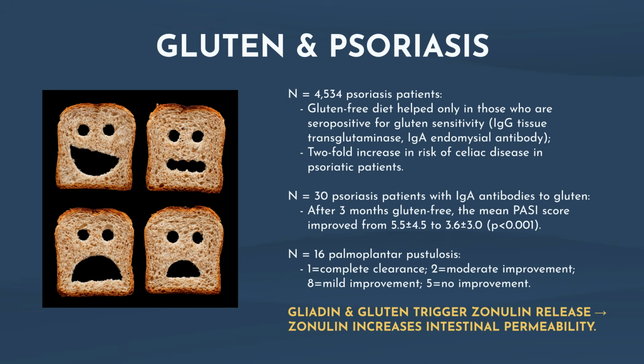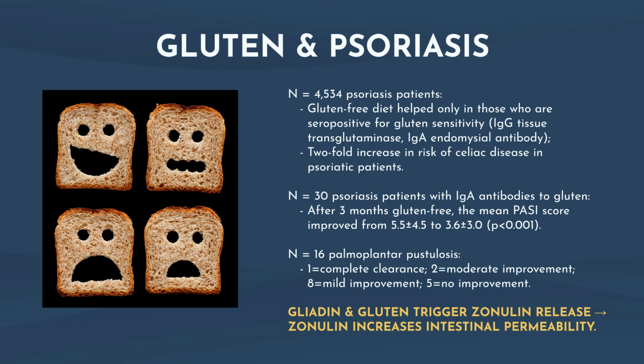And we know that there's a twofold increased risk of celiac disease in psoriatic patients. So certainly if they're psoriatic or if they have a gluten sensitivity, absolutely cut out the gluten. In 30 psoriasis patients with IgA antibodies to gluten, after 3 months of being gluten-free, their mean PASI score improved and it went down, which means that their psoriasis got better. But these all had IgA antibodies to gluten.